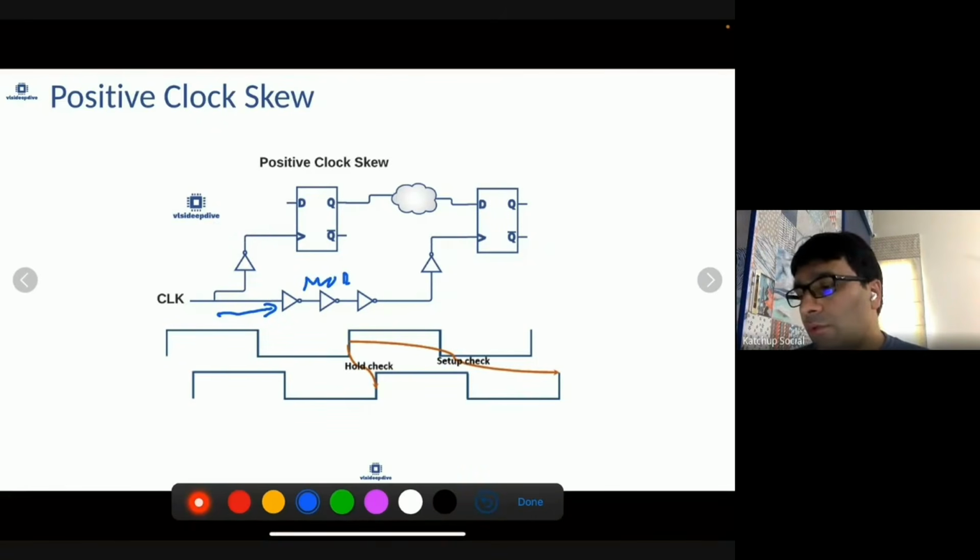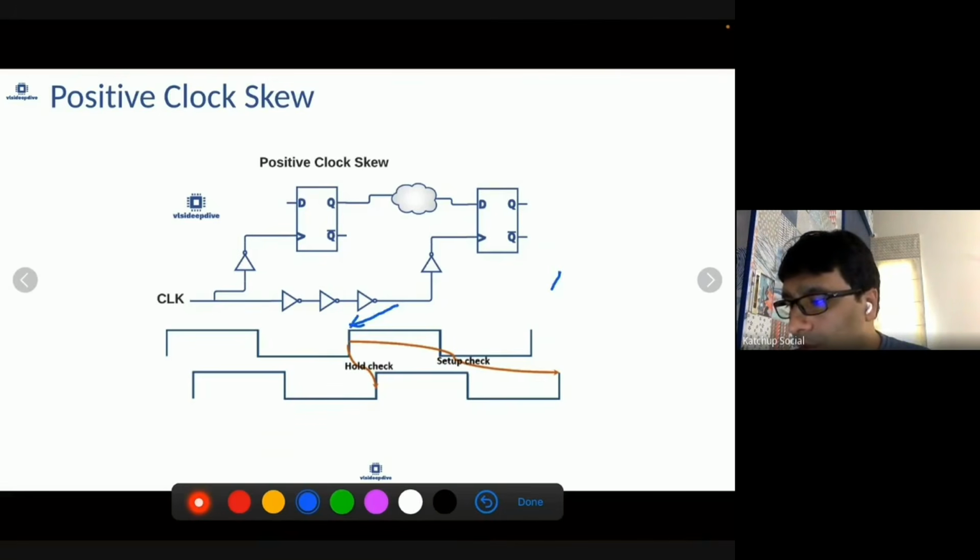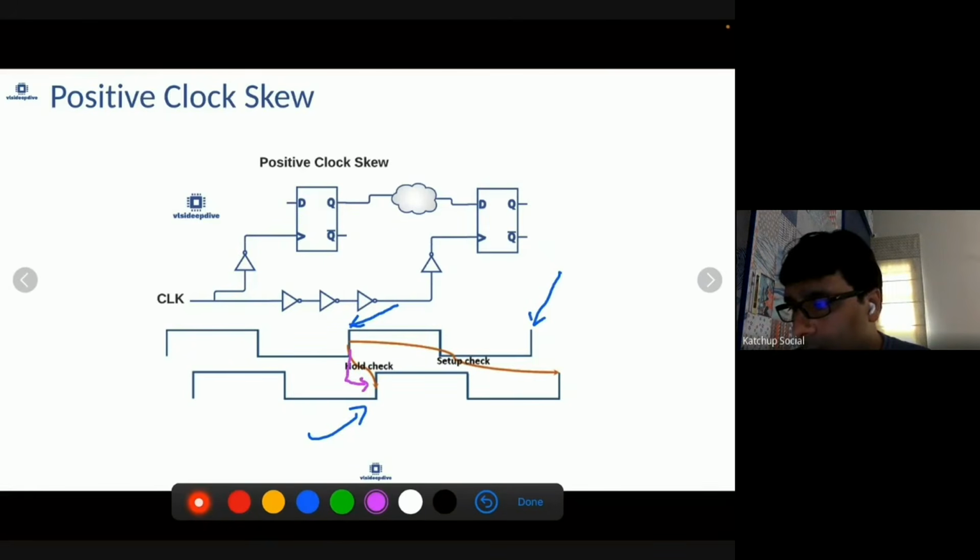Positive clock skew can make your setup time meeting a little bit easier. So for example, here, if you were launching data here, you had to capture the data by this time. But because of clock skew, this edge is shifted from here to here, and this edge is shifted from here to here.